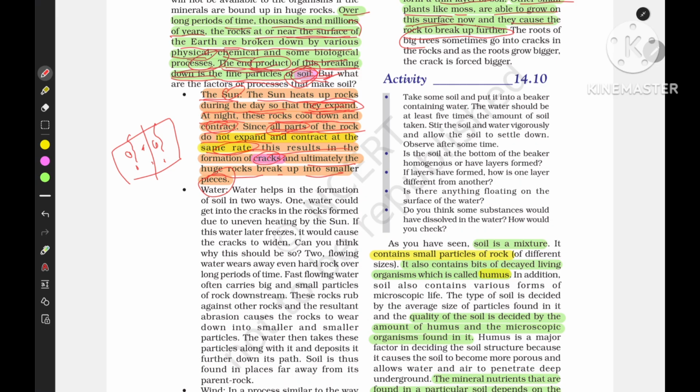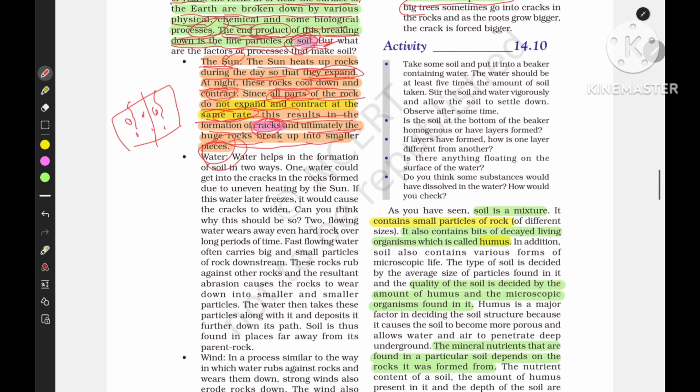Since all parts of the rock do not expand and contract at the same rate, this results in the formation of cracks, and ultimately the huge cracks break the rock into smaller pieces. So due to the uneven heating, cracks develop on the rocks, and they ultimately break the rocks into smaller pieces.